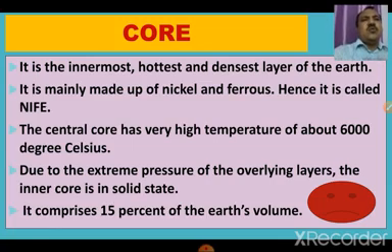The central core has a high temperature of about 6000 degrees Celsius. Due to the extreme pressure of the overlying layers, the inner core is in solid state. Core comprises 15% of the Earth volume.